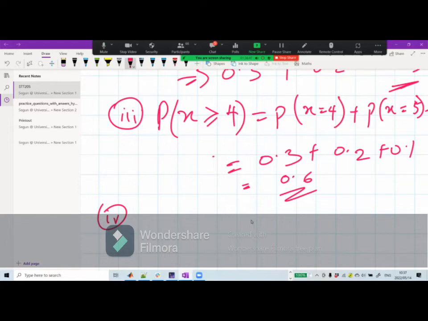Addition of probabilities: 0.1 plus 0.1 plus 0.2, which is 0.4. Oh, okay.